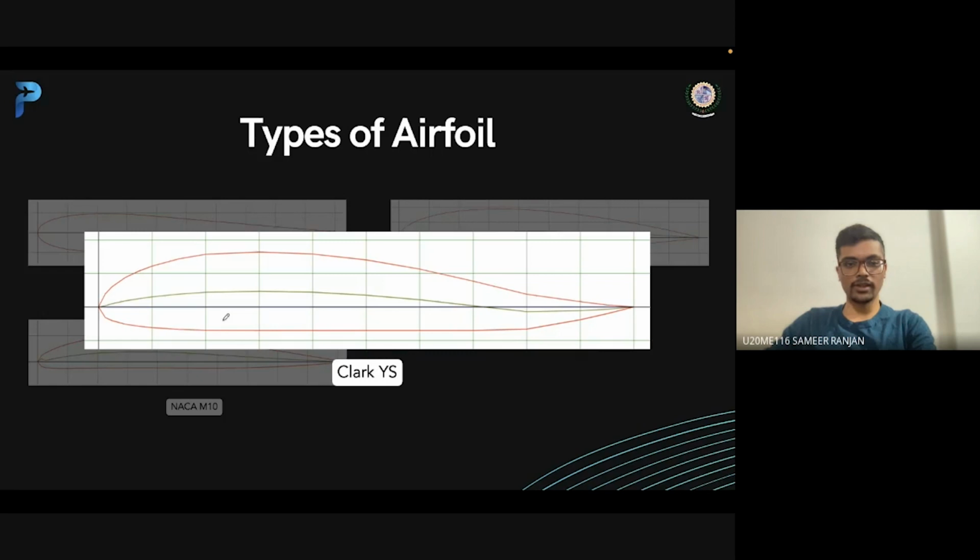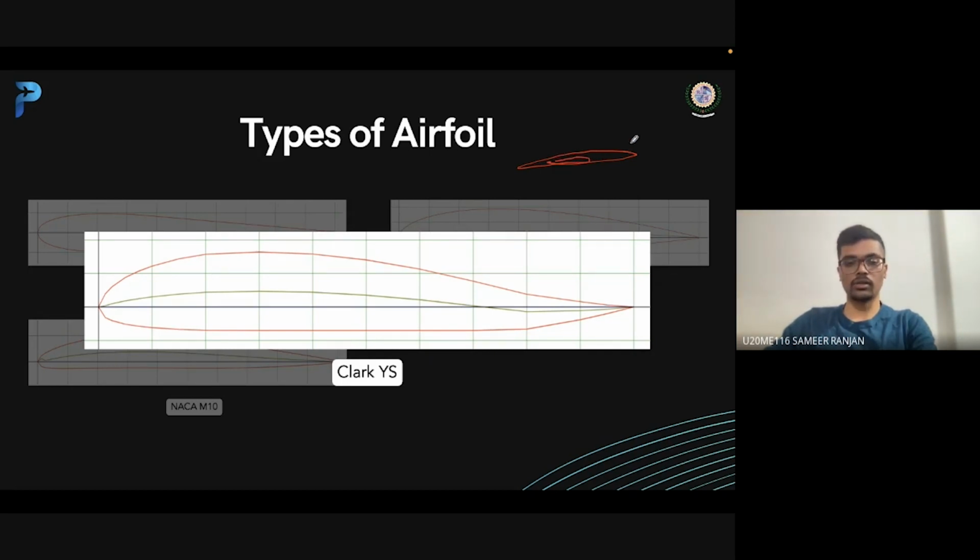Then this is a special kind of airfoil, and in this airfoil you could see the trailing edge is bent upwards, because of which it can also generate a negative torque to counterbalance the nose down moment when any aircraft flies. So it is basically used in fighter jets.